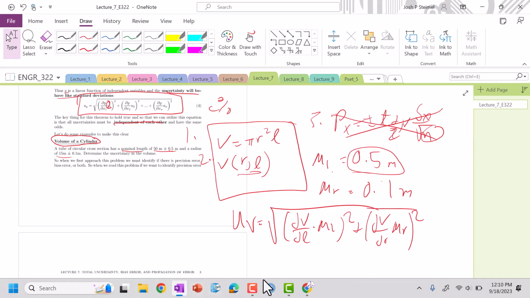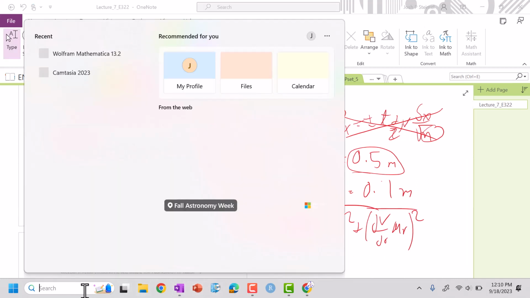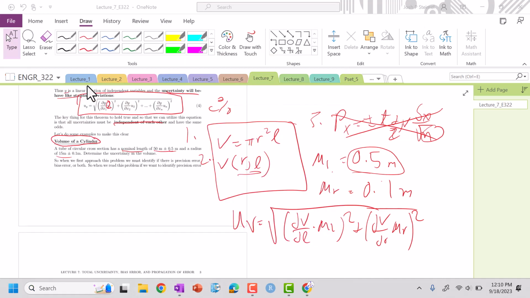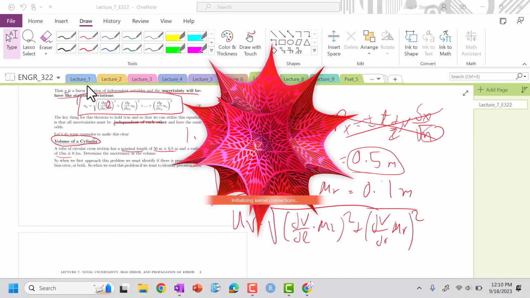So let's go ahead and pull up Mathematica. Let's wait.